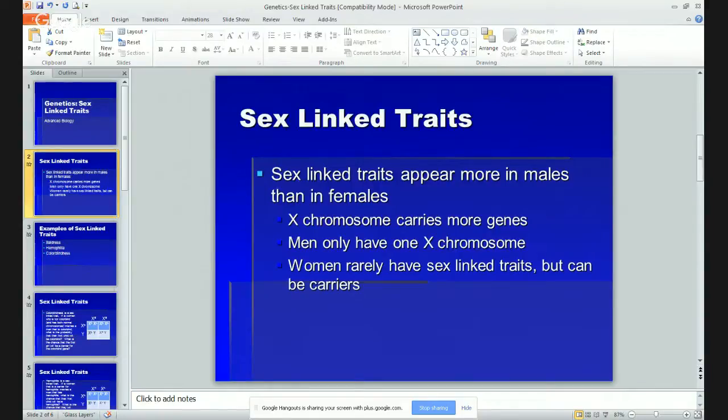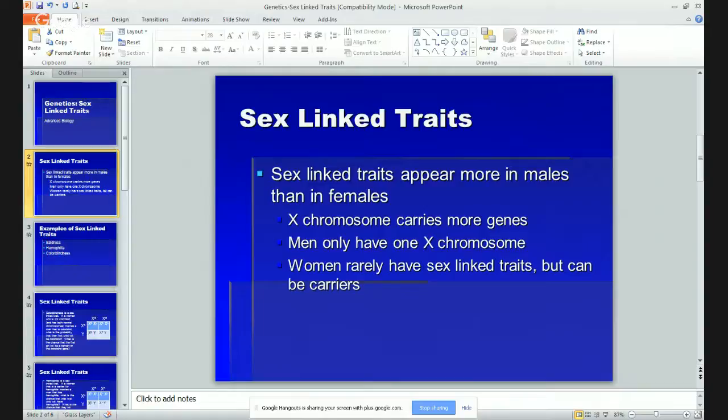Okay, so in general, the X chromosomes carry more genes than the Y. They're bigger, and so that's why they carry more genes. Women, like we said earlier, have two copies of the X chromosome. That's what determines whether or not you're male or female, and males will have one X chromosome and one Y chromosome.